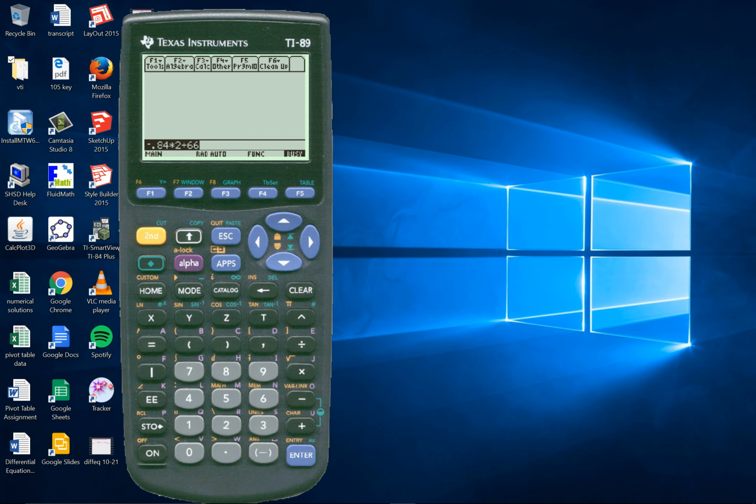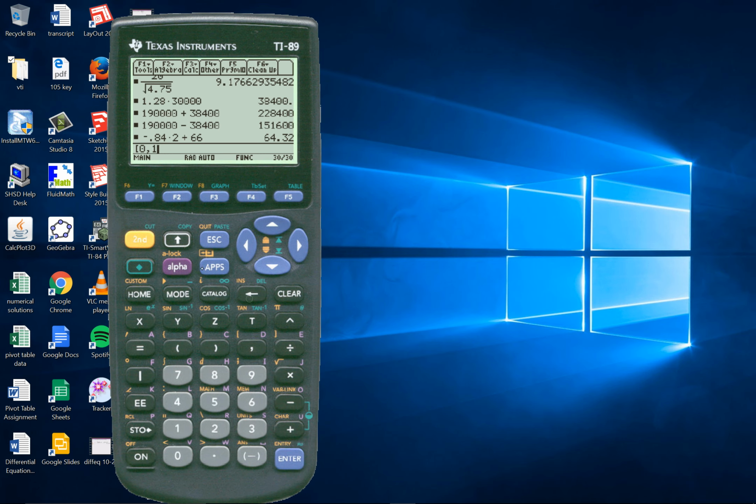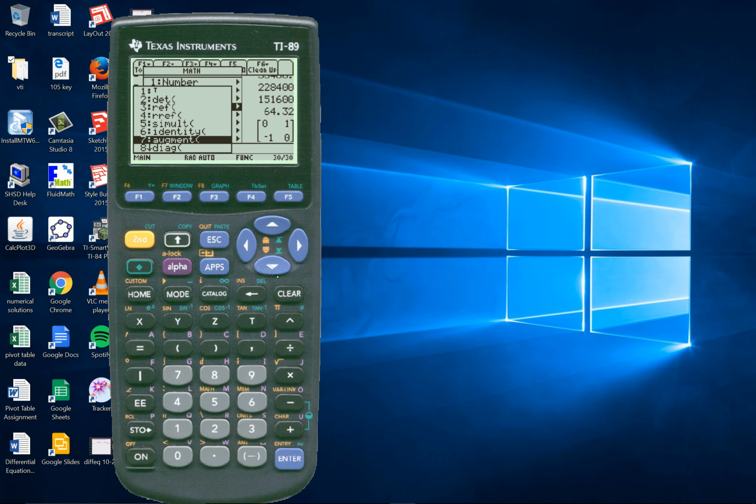So I'm going to. Home, clear. So I'm just going to type in 0, 1, negative 1, 0 and find the eigenvectors.